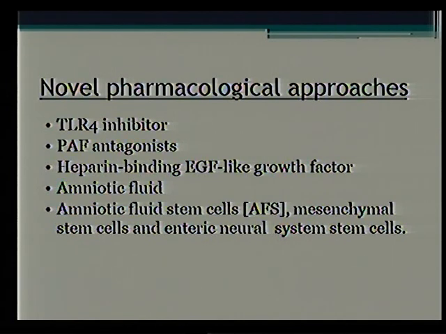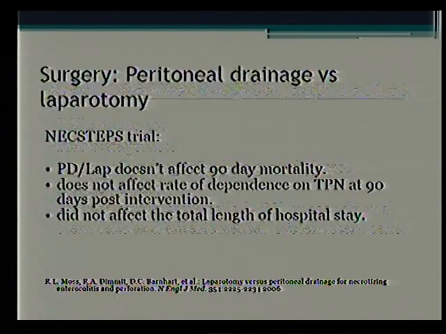And heparin binding EGF like growth factor, the amniotic fluid, because the premature infants have been lesser exposed to amniotic fluid in the intestine. So amniotic fluid infusion into the gut of the premature infants is also being tried as one of the important treatment modalities. And of course stem cells, the amniotic fluid stem cells, mesenchymal stem cells and enteric stem cells, are also in the treatment protocols.